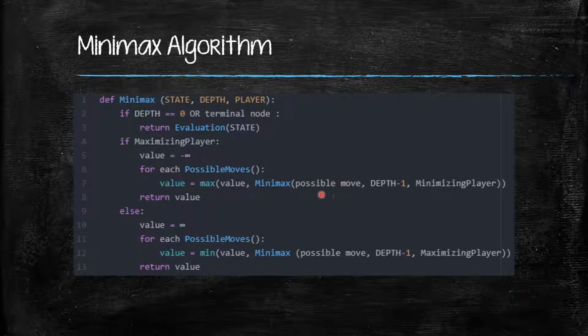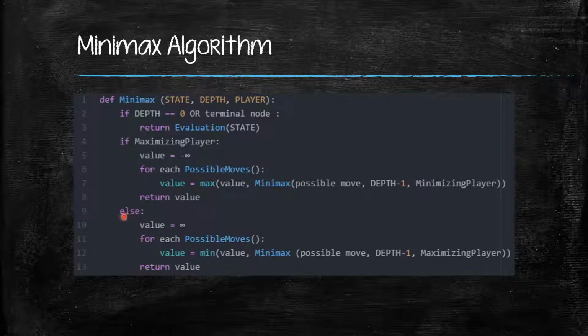We give it a possible move, so we pass it a board with a move that's been made. We subtract 1 from the depth, so we say that's 1 move in the future, and then we say that the player that's going to move next is the minimizing player. So that's where the recursion happens. And then it returns whatever the value is here.